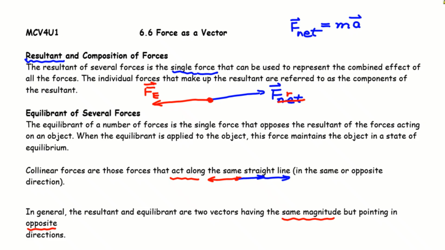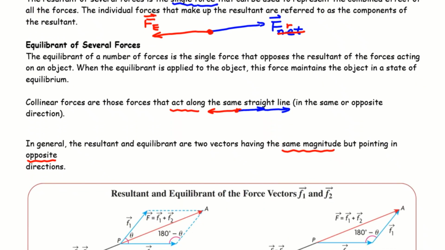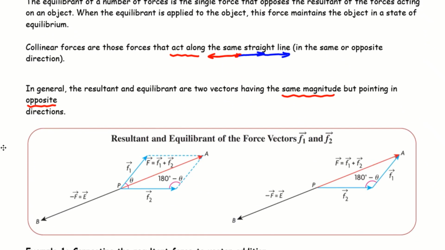So these are some terms you need to know. Then we are going to see how to find the resultant force. There are two methods to draw the vectors, adding and subtracting. If F1 plus F2, we could draw a parallelogram, then the diagonal between the opposite points is our resultant force.